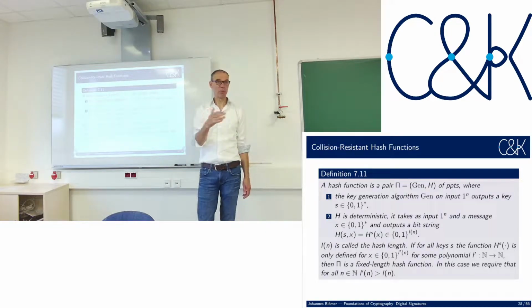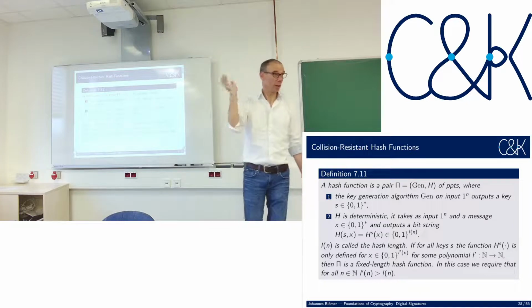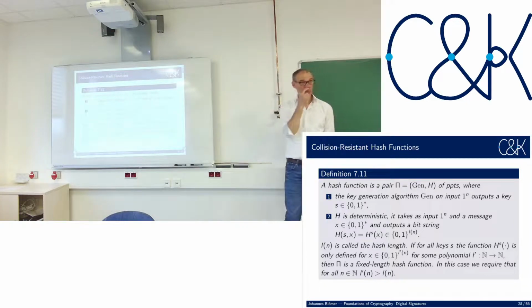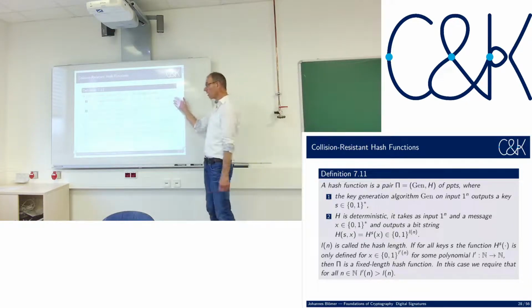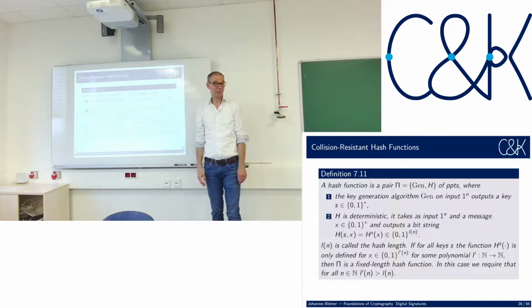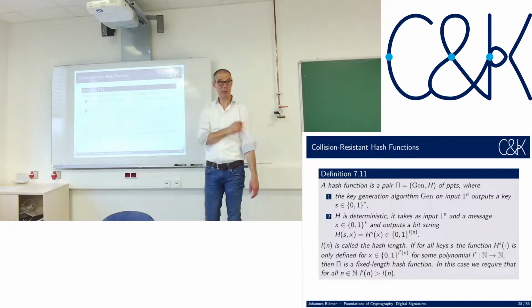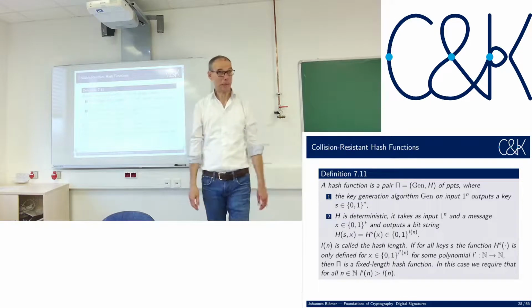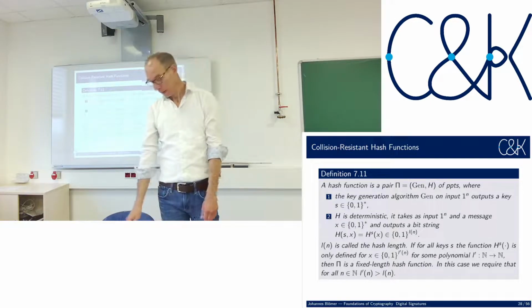For example, that's true for SHA-2. There is actually a key involved, but nobody cares about it because it's fixed anyway. But to make this a mathematically meaningful definition, we have to include this s. If there was just one key, then this is easy: you just define a pair x, x', and then you output it all the time.